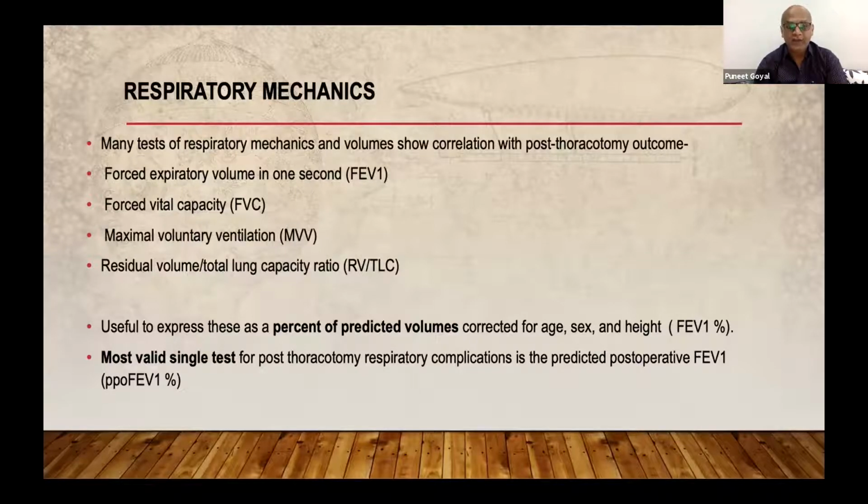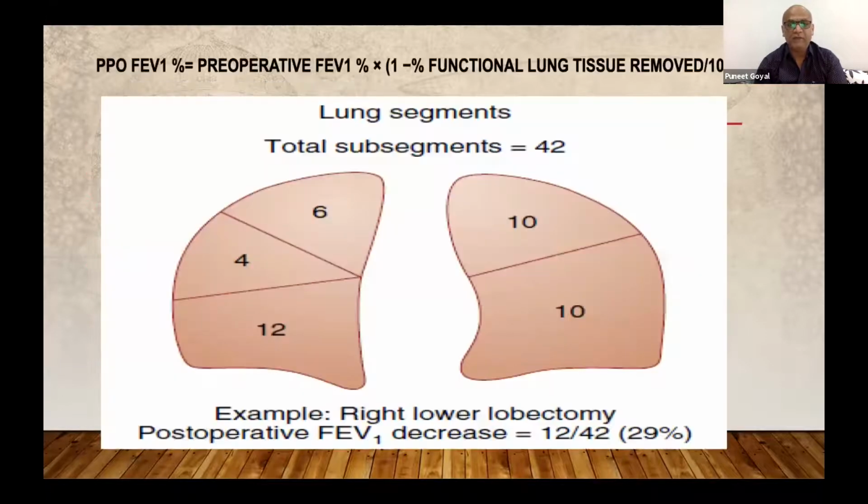So how do we predict the postoperative FEV1? We should know the normal anatomy and physiology. Like we have 42 total subsegments of the lung. Right upper lobe has 6, right middle lobe has 4, and right lower lobe has 12. And on the left side, upper and lower lobe each have 10.